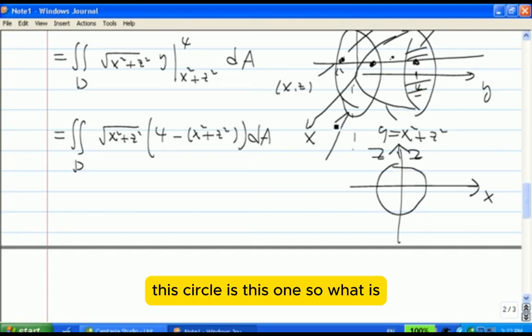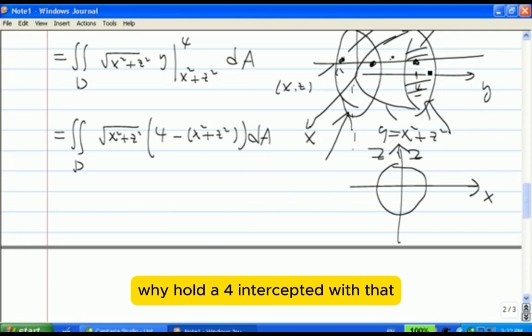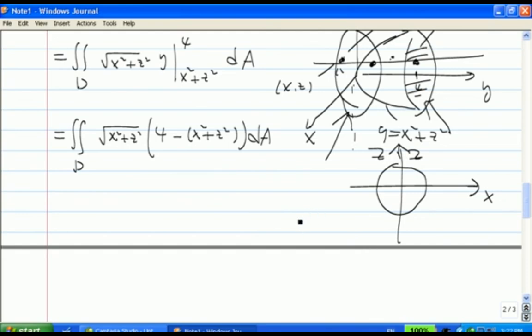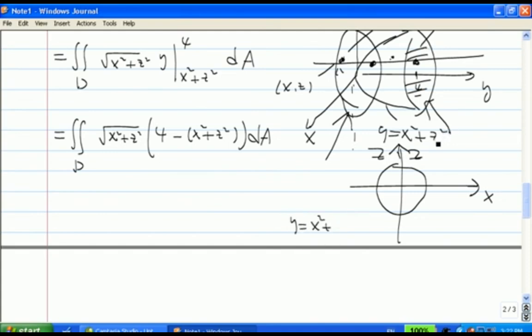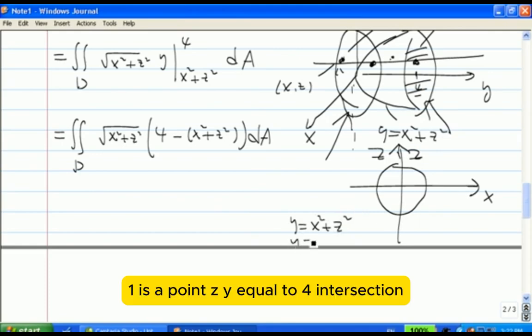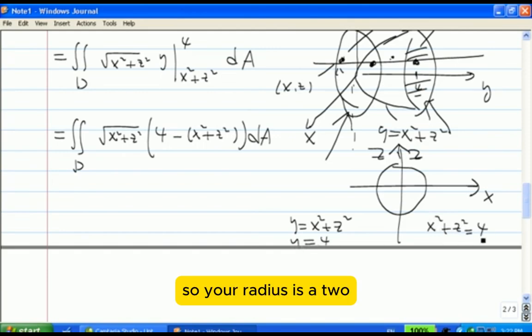This circle is the intersection of two surfaces. One is this paraboloid. One is a plane, y equal to 4. The intersection gives you x squared plus z squared equal to 4. So your radius is 2.